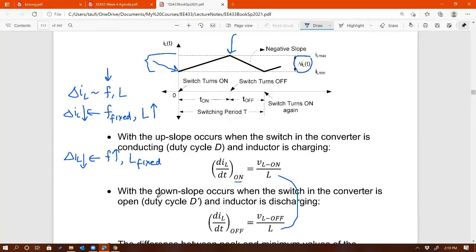Yes, theoretically you could do any frequency you want, but unfortunately, when it comes to building the circuit, you're going to have to use a switch to do the turning on and off. And again, these switches have physical limitations, right? They have their own speed when it comes to turning on and off. Okay, so that's the main limitation of why we cannot just increase the switching frequency, right?